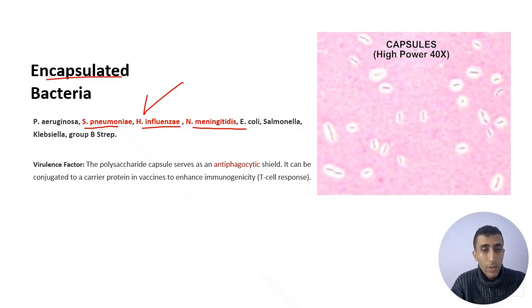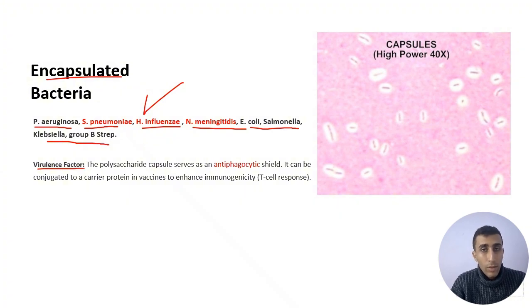The other organisms are Pseudomonas aeruginosa, which we are going to discuss in detail later on, and also E. coli, Salmonella, and Klebsiella, and also group B strep. So the Strep pneumoniae, Haemophilus influenzae, and Neisseria meningitidis, and also other organisms such as Pseudomonas, E. coli, and Salmonella. So this is a virulence factor.